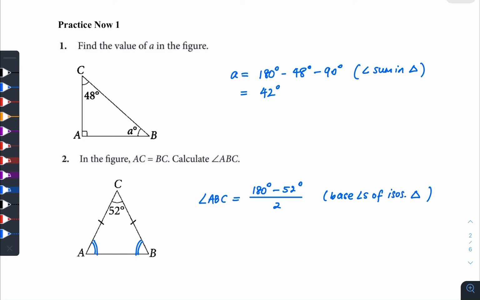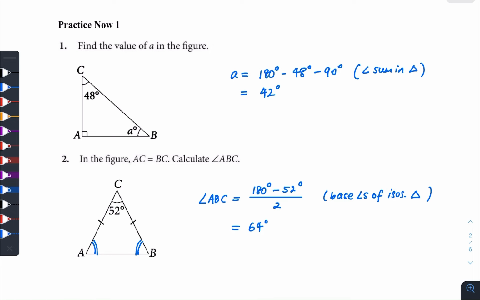Or at least you should write down isosceles triangle or property of isosceles triangle. So this will be equal to 64 degrees. It will be good to double check that 64 plus 64 plus 52 indeed adds up to 180 degrees. So this is practice now 1.